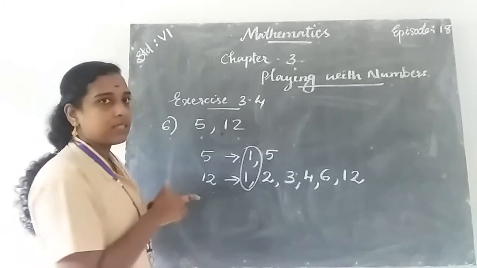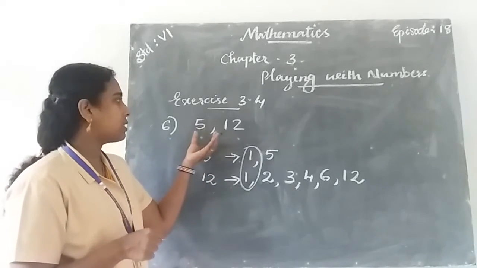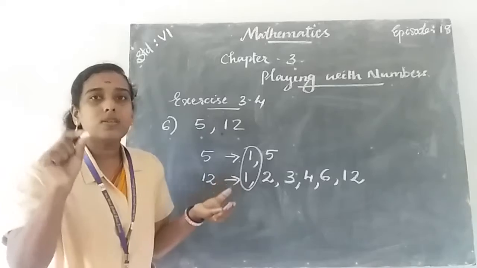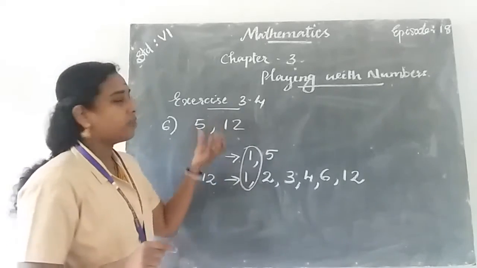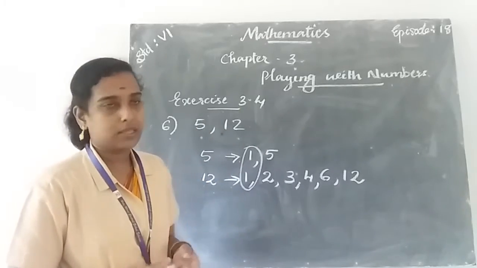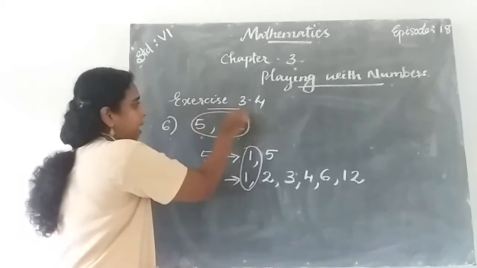If a number is divisible by any two co-prime numbers, then the number is also divisible by the product of those two co-prime numbers.